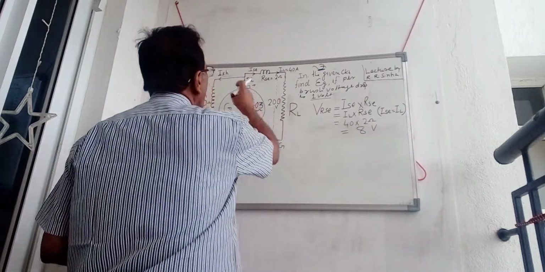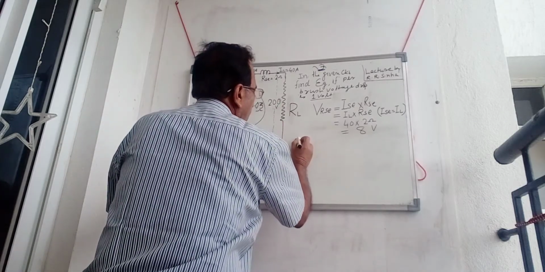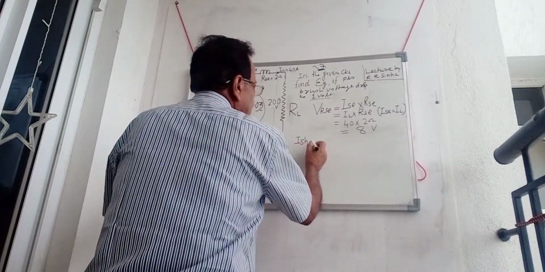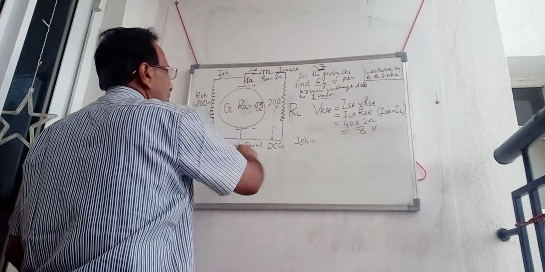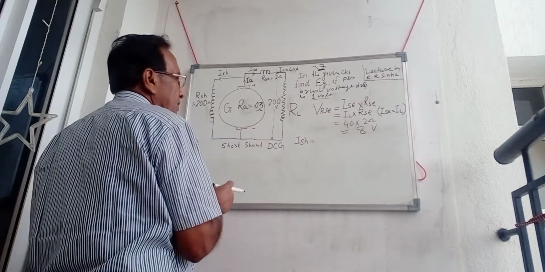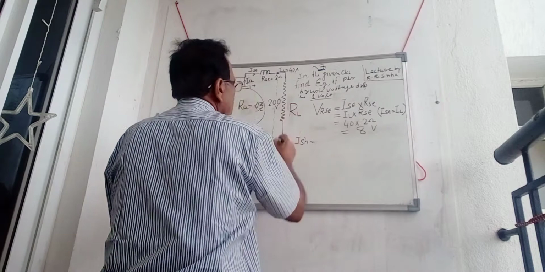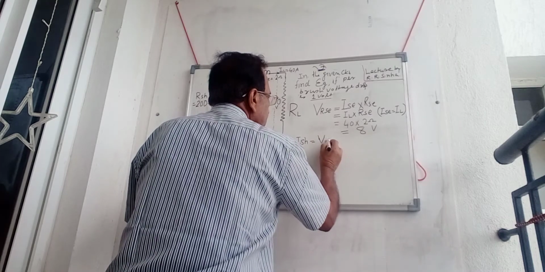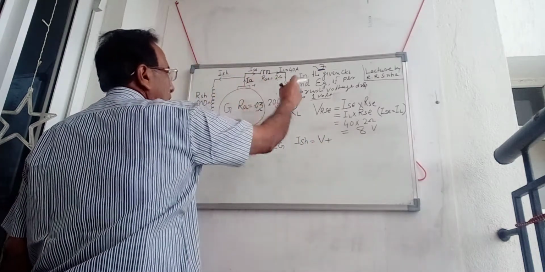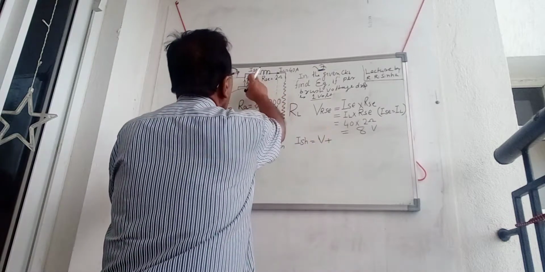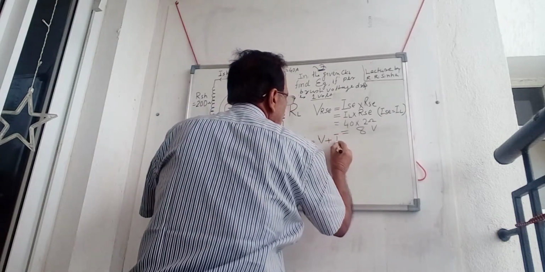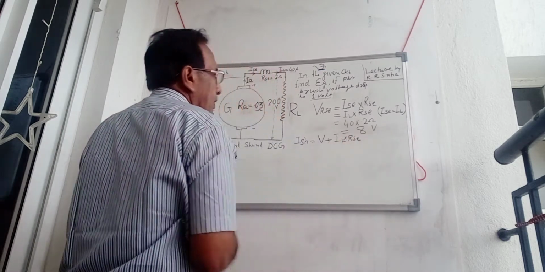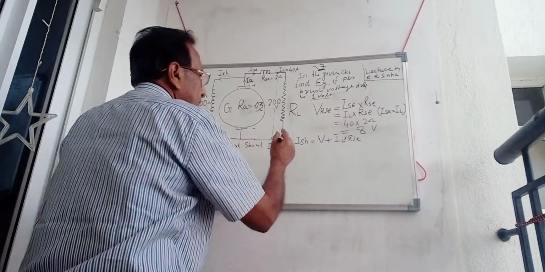Now next we have to find ISH, the shunt current. The formula for a short shunt DC generator is terminal voltage V plus ISE into RSE, that is V plus IL into RSE.